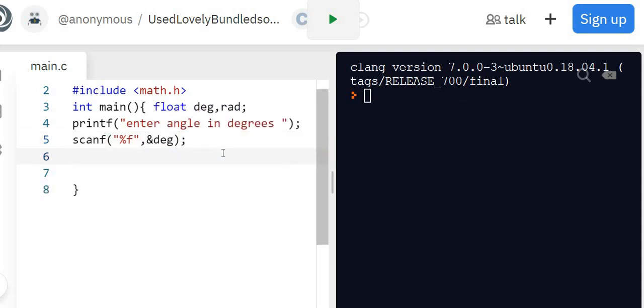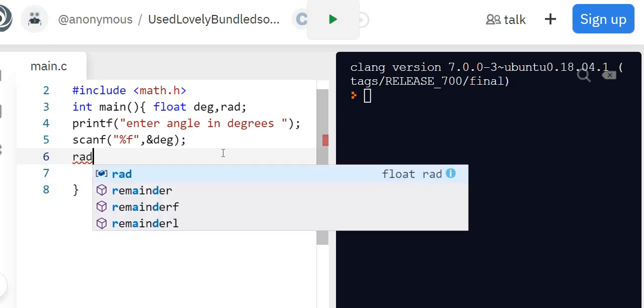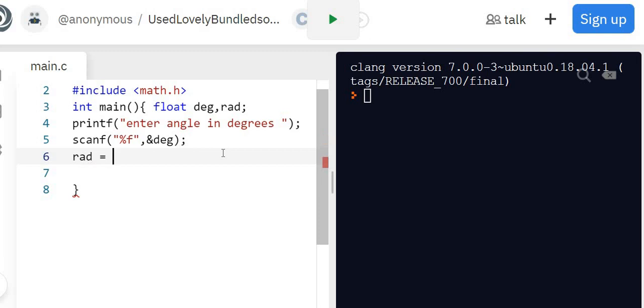Now we have to convert this degrees angle into a radians angle. So radians is equal to, we know that pi, that is 3.14, is 180 degrees. So 180 degrees is pi. So whatever degrees the user has entered, how much is that in radians, that we have to find out.